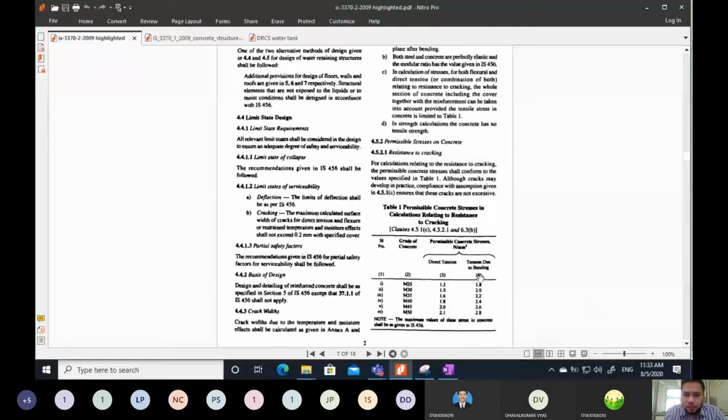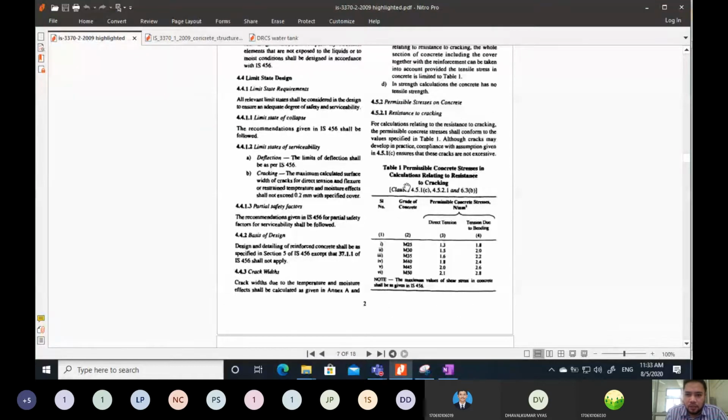See, table 1 gives the permissible stresses in concrete, under direct tension and under tension due to bending.